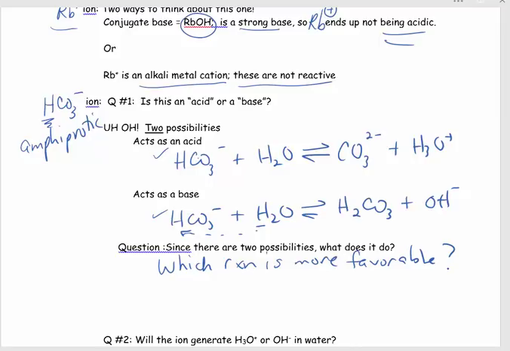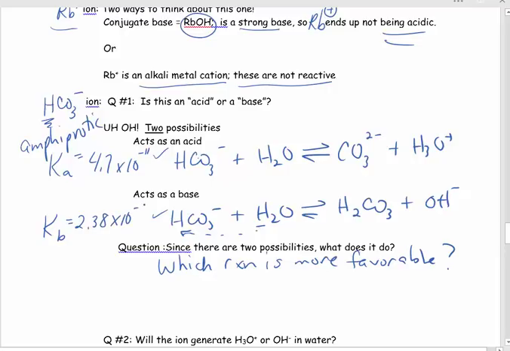All right, so Ka for HCO3- is 4.7 times 10 to the minus 11th, and Kb for HCO3-, the Kb acting as a base, is 2.38 times 10 to the minus 8th.